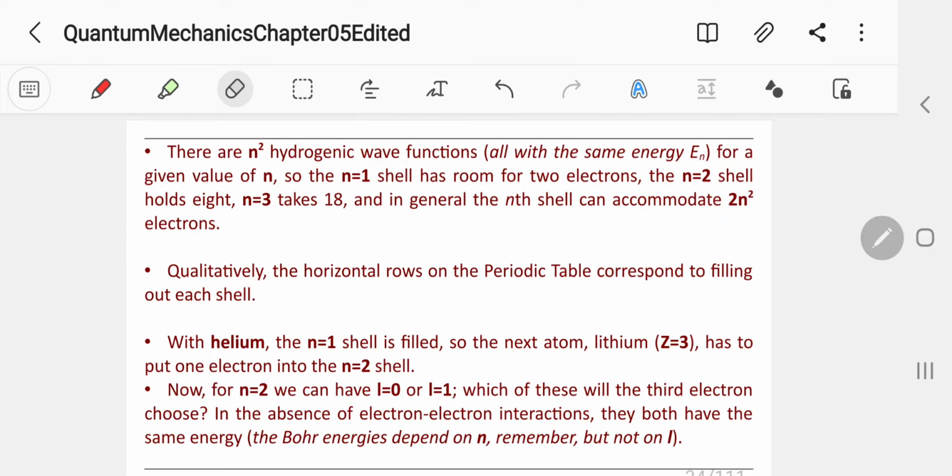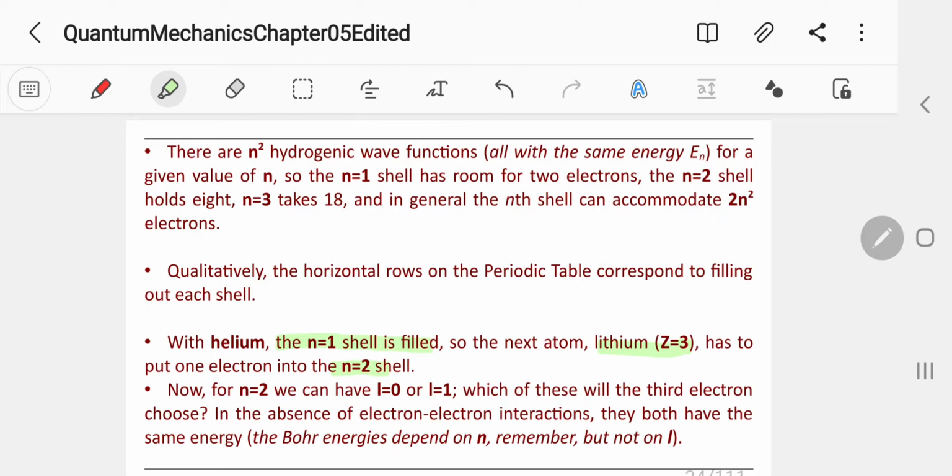With helium, the n equals 1 shell is filled because there are 2 electrons. So the next atom, lithium, which has 3 electrons, has to put 1 electron in the n=2 shell. But the n=2 shell has l equals 0 and also l equals 1.